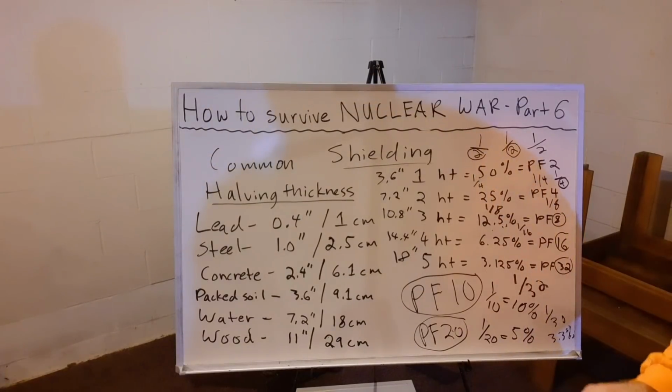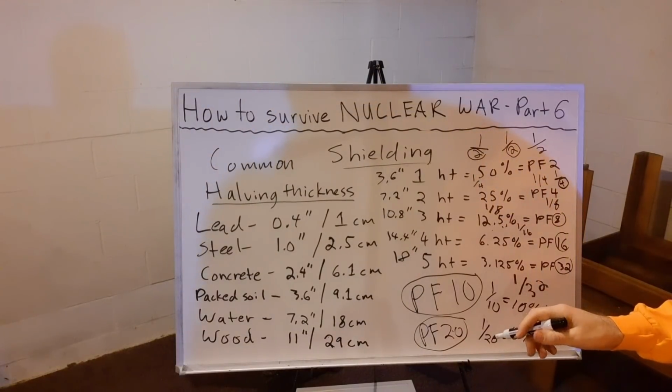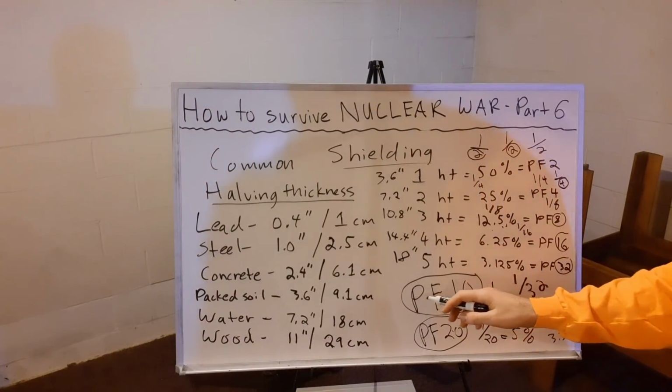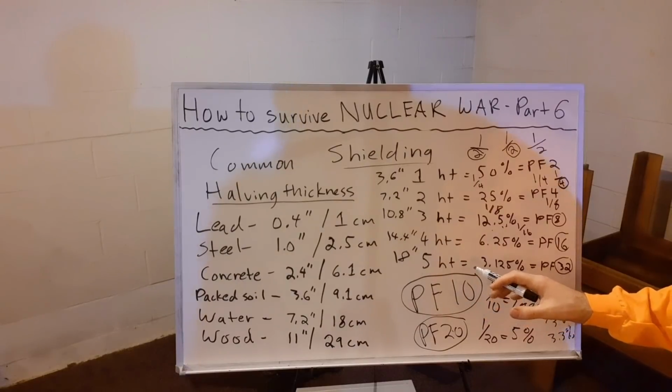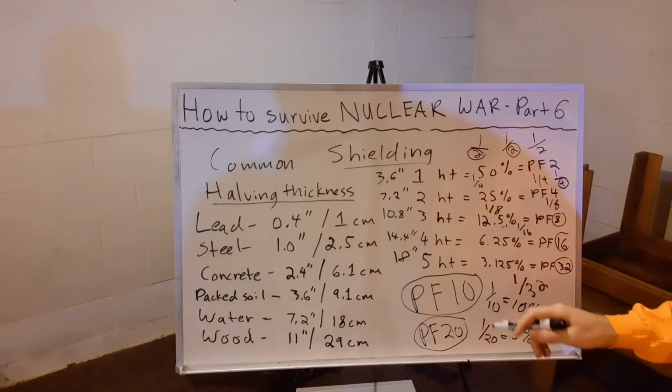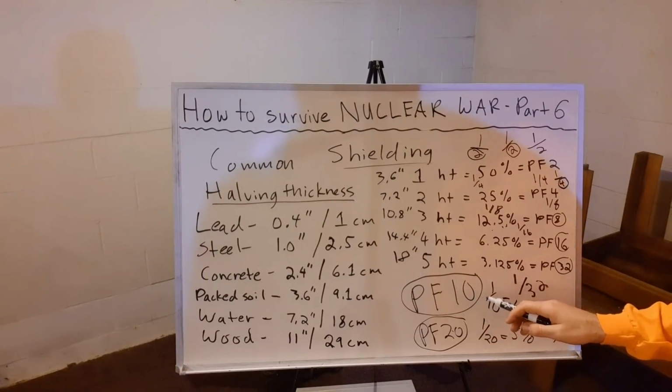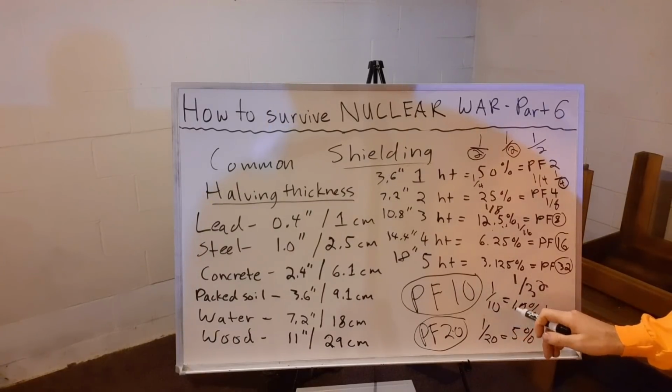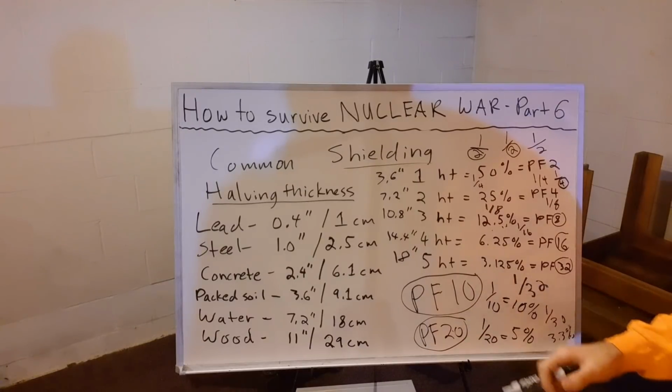All right, guys, so most government agencies recommend a protection factor of 10 as a minimum, okay? And again, a protection factor of 10 would mean you get 1/10 of the radiation outside of the shielding. So you'll only get 10% of the radiation from what's outside of the shielding.